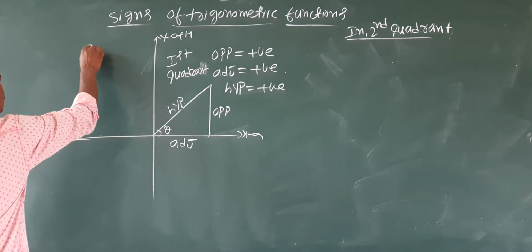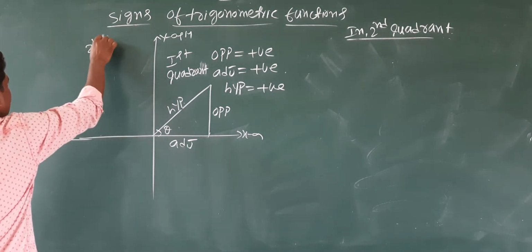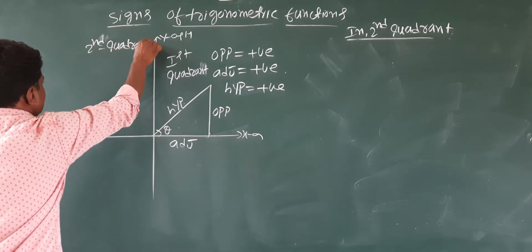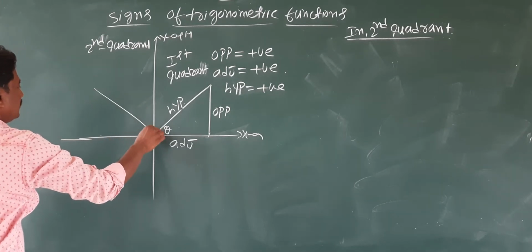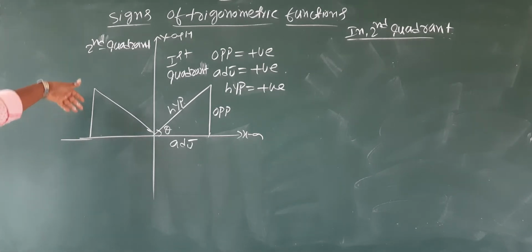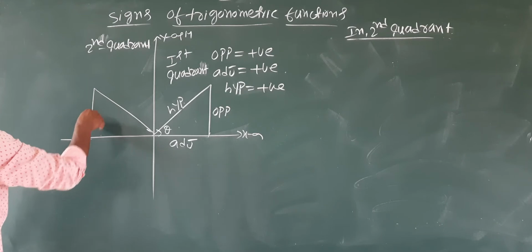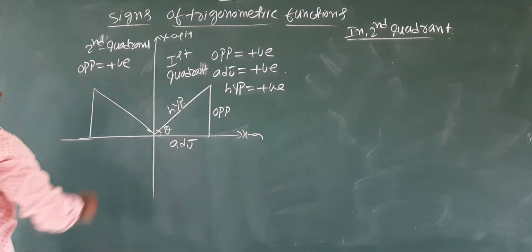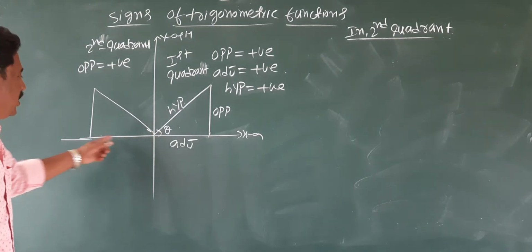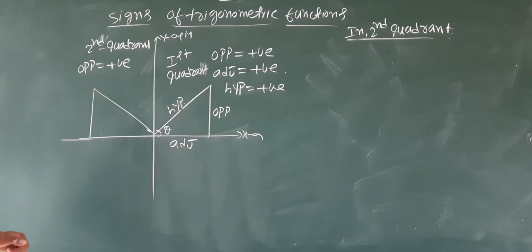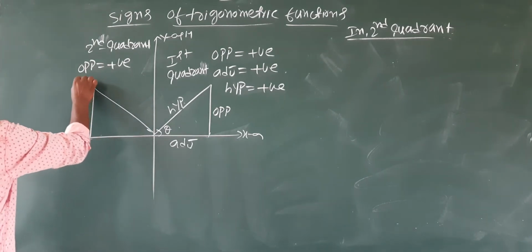This is the second quadrant. So look at this, students. In the second quadrant, the opposite side is positive. What about the adjacent side, students? In the second quadrant, adjacent is negative.